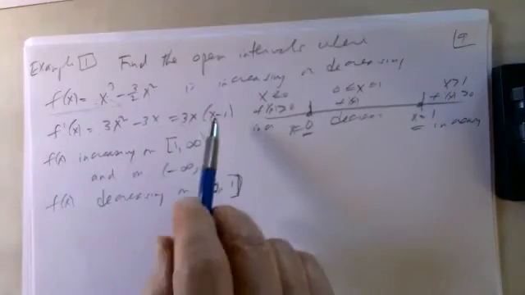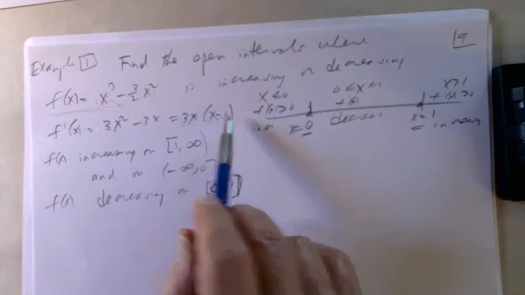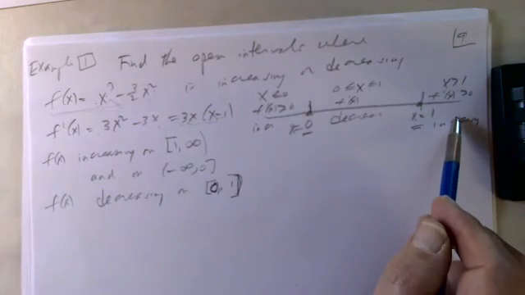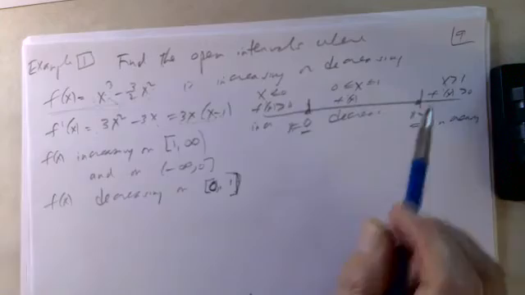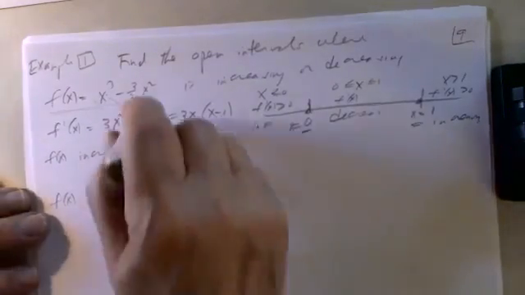When x is bigger than 1, these are both positive numbers. So this is positive. The derivative is positive. So when x is bigger than 1, I should write this as an open interval.